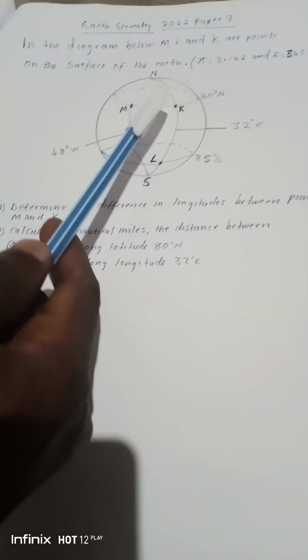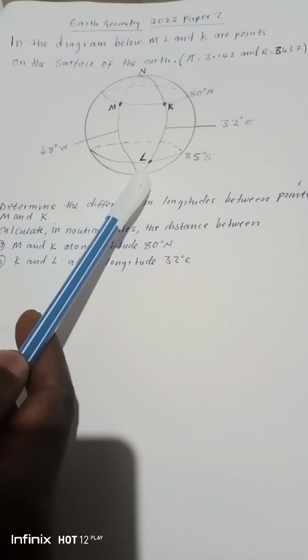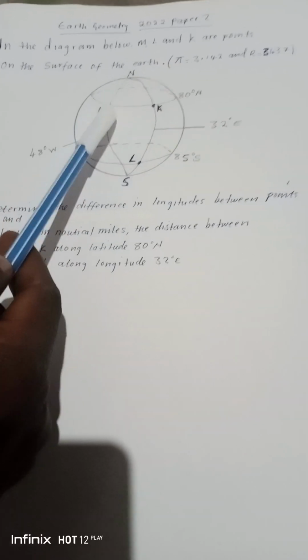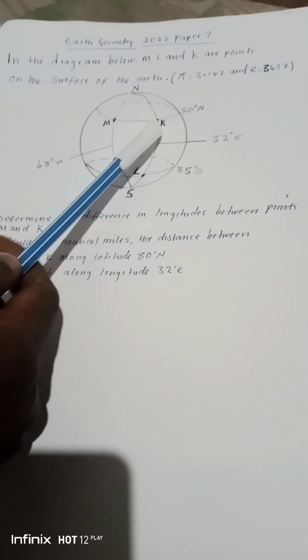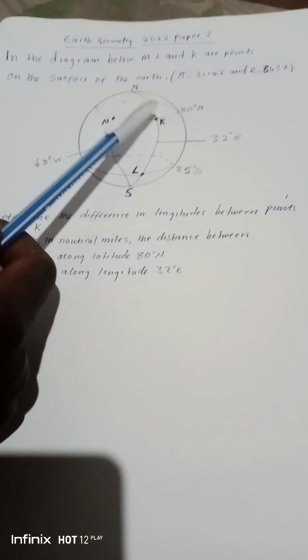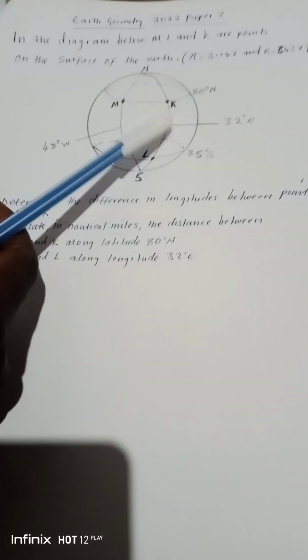Now coming back to the question, how are we going to answer the difference between point M and K? It means we are going to get the value of the longitude at which M lies. Then on this side, we are going to see in which longitude point K lies.